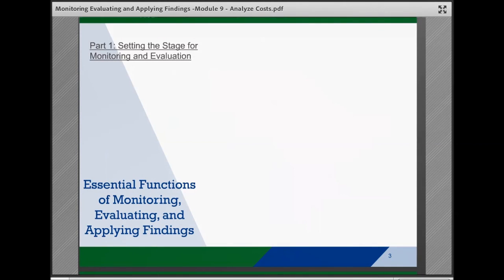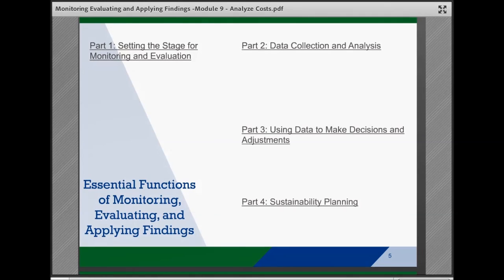It does this by providing step-by-step guidance to strategize and develop a plan for evaluation, collect and analyze data and consider fidelity and costs, and then use results to make decisions about ongoing efforts and sustainability.